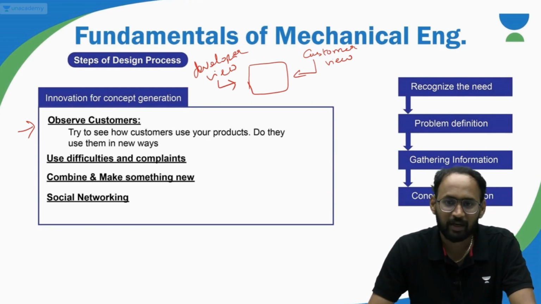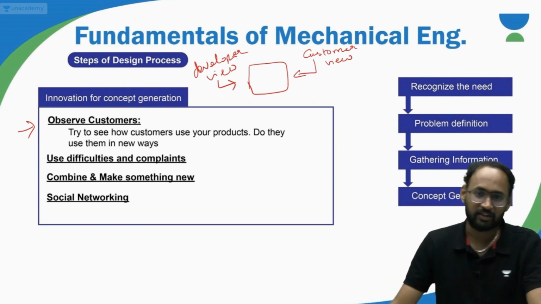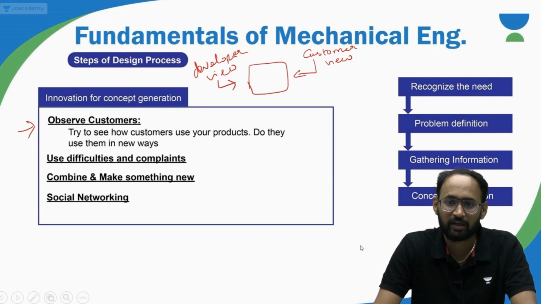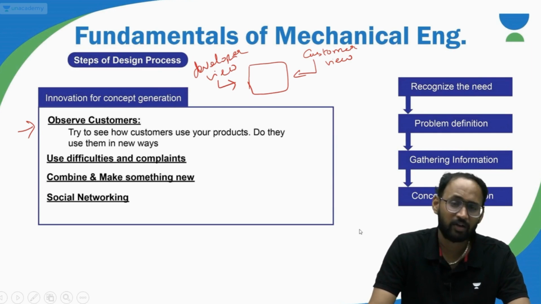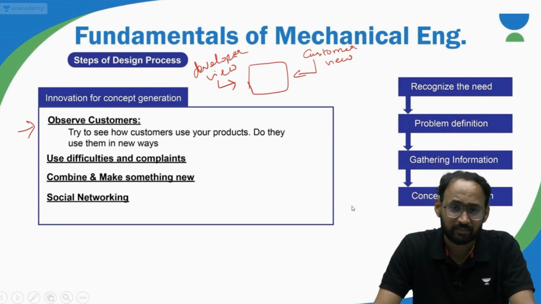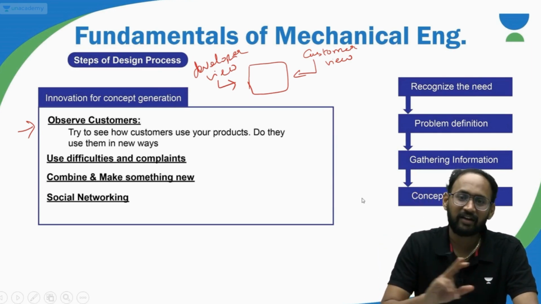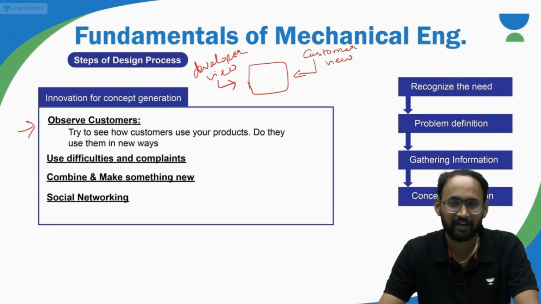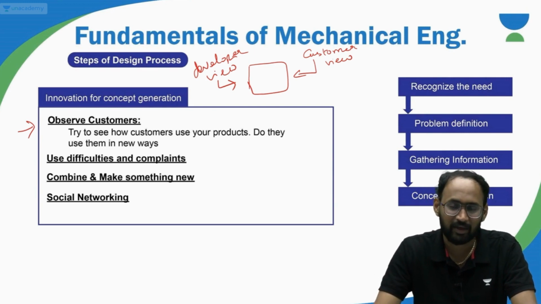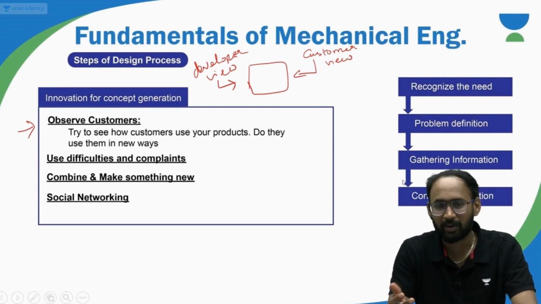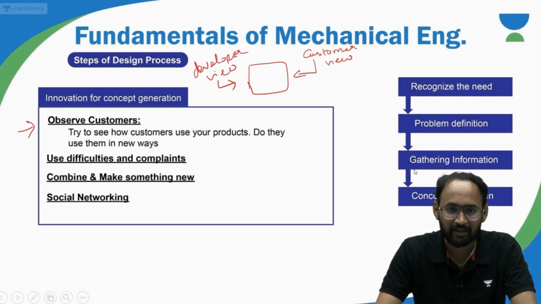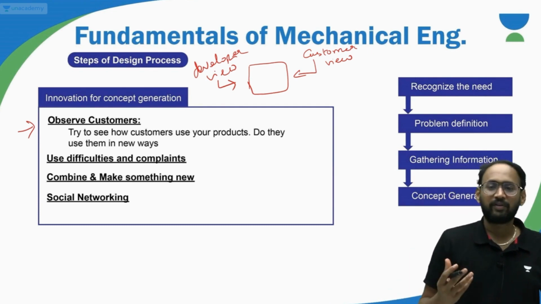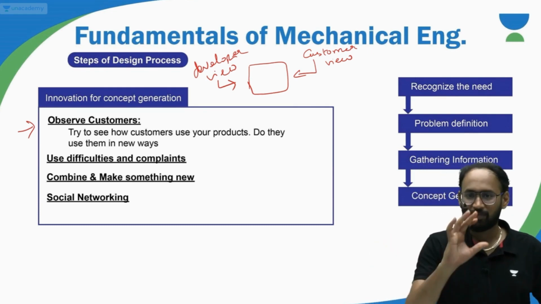But it may not be the same thing with the customer. The customer may not fully press the clutch, and he or she may still try to change the gear. Now that's where the idea of automated gears, automatic gear came into picture, right? So this is one example of how you perceive how the customer uses the product, and from there you develop the product.